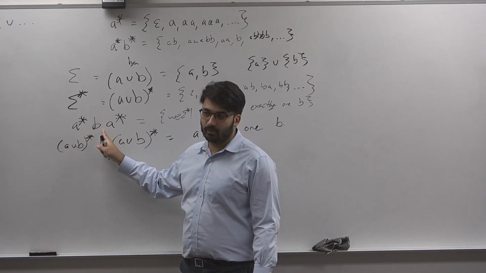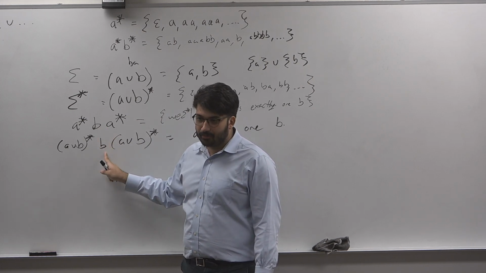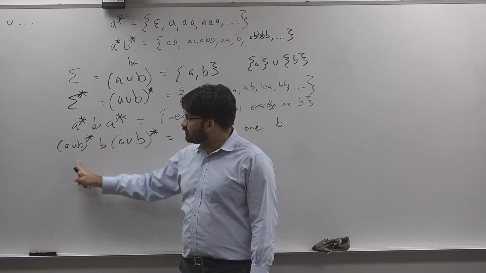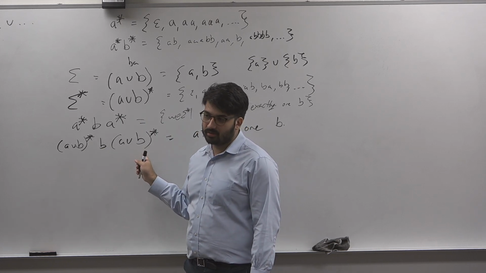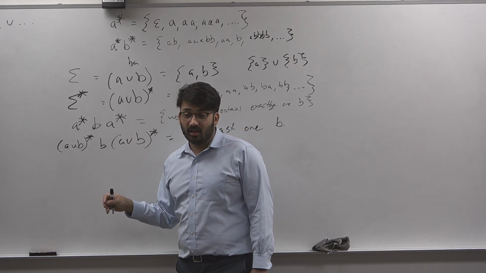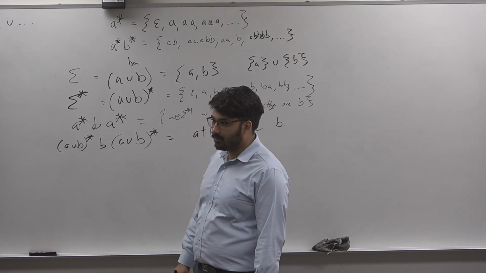So this is exactly one B. Not 0 B's and not 2 B's, but exactly one. Here, a B must be fixed somewhere in the string, but some prefix of it can be non-deterministically chosen, some suffix of it can be non-deterministically chosen, and that can include a certain number of B's. Who knows, right? But every string must have at least one B.